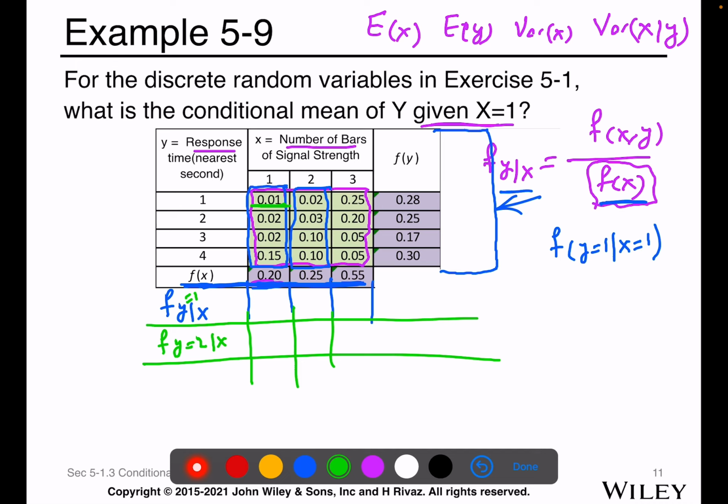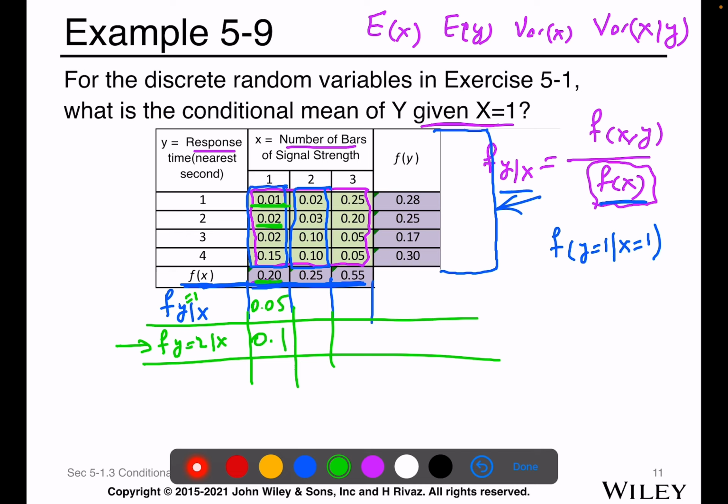That's 5 times that, so that's 0.05. And f of y equal to 2 given x is this number, 0.02 divided by 0.2, and that's 0.1.